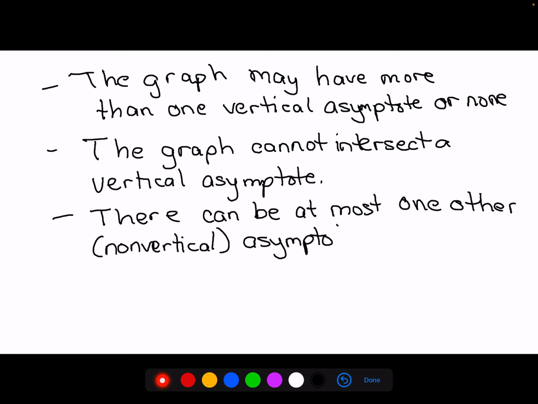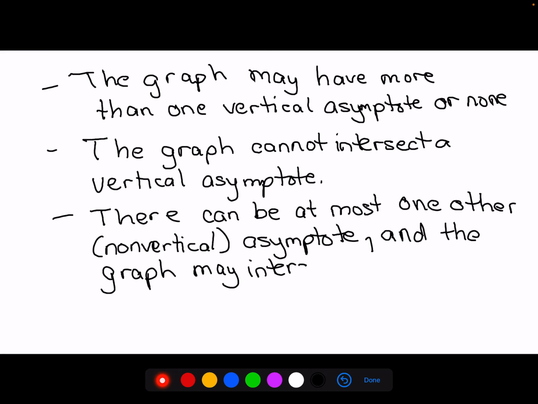So that's where we're talking about horizontal or oblique. It can have at most one of those in addition to possibly vertical asymptotes. And the graph may intersect that asymptote. May or may not. It just depends on the situation. Often these asymptotes, if it does intersect, still show you a pattern for how the graph's heading.